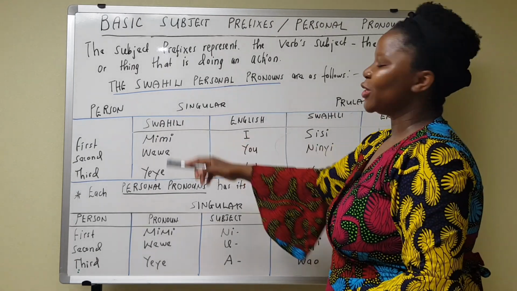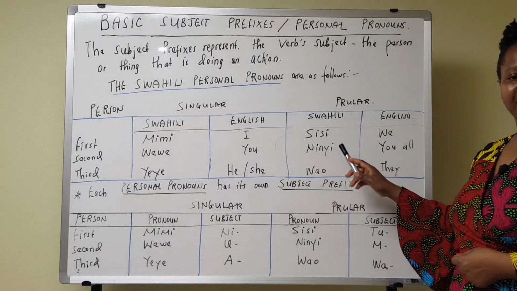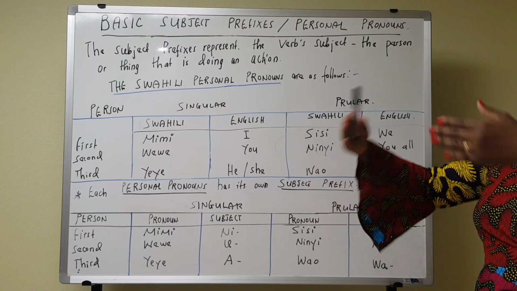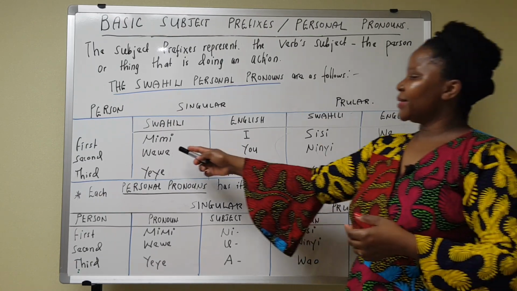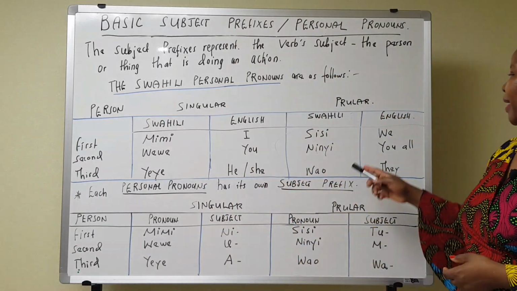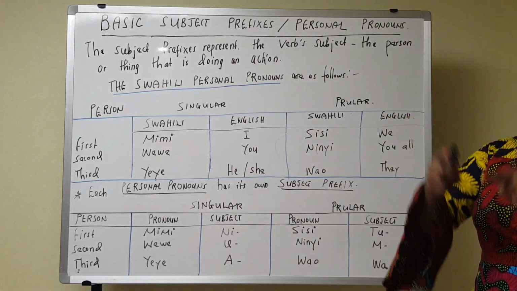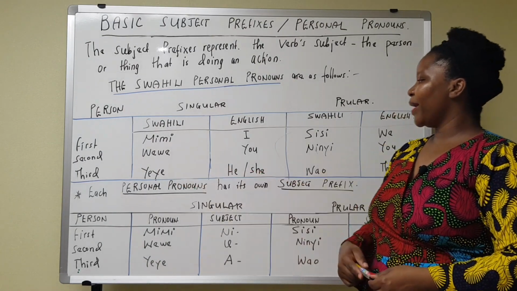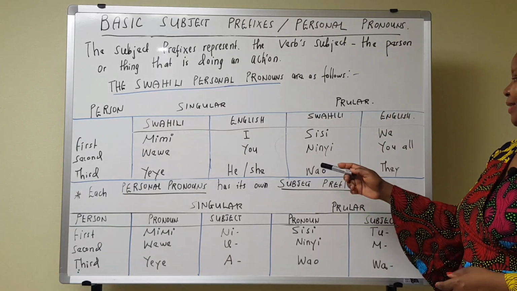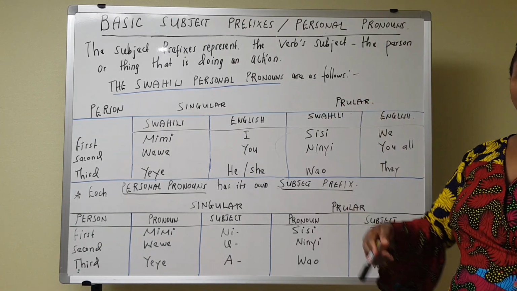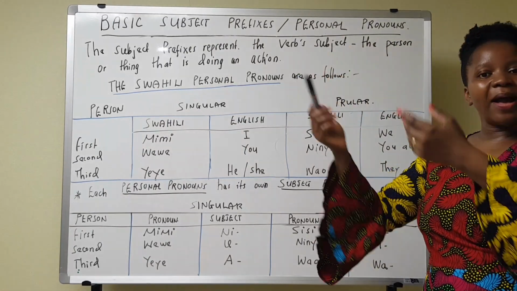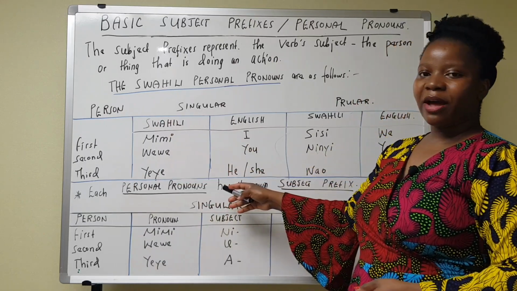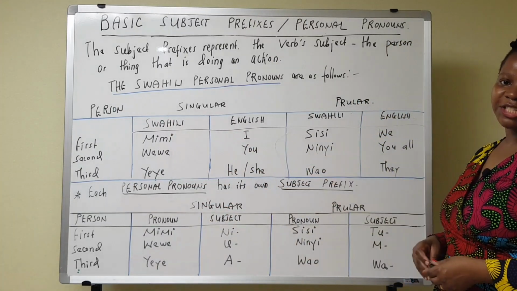So Mimi in plural is Sisi. And the second is Wewe, and in plural is Ninyi. And the third part is Yeye, and in plural is Wao, okay?